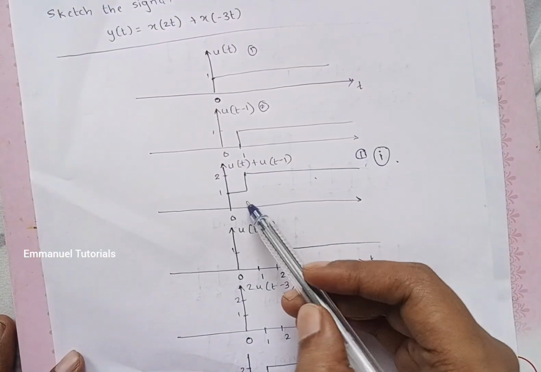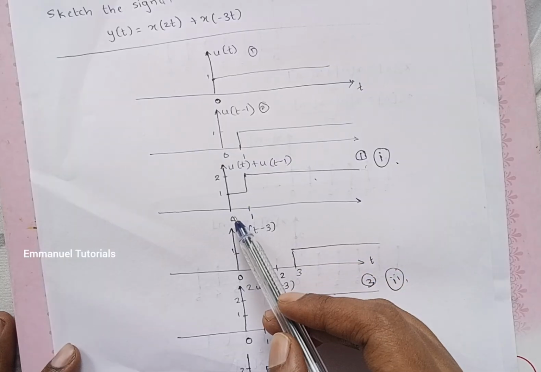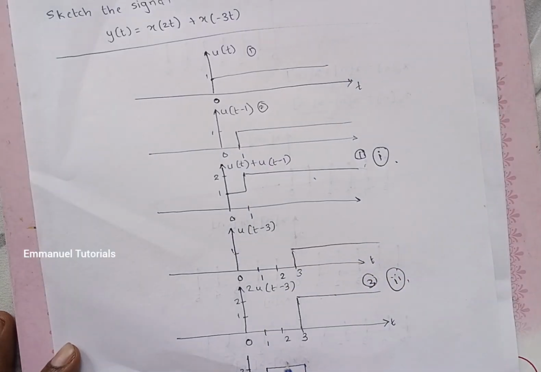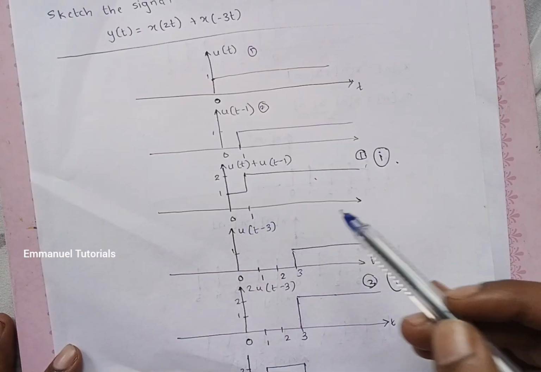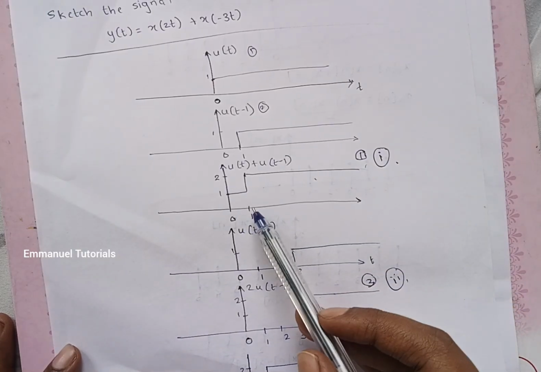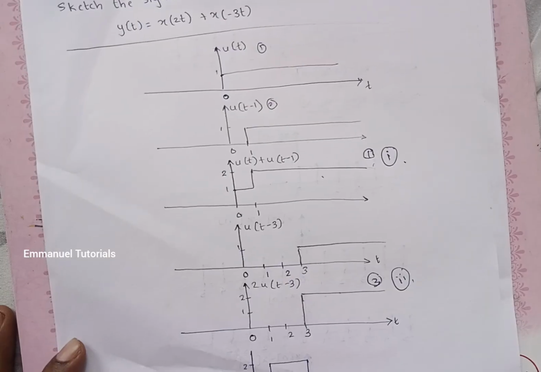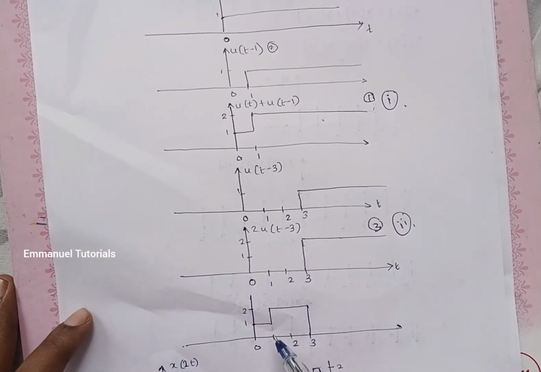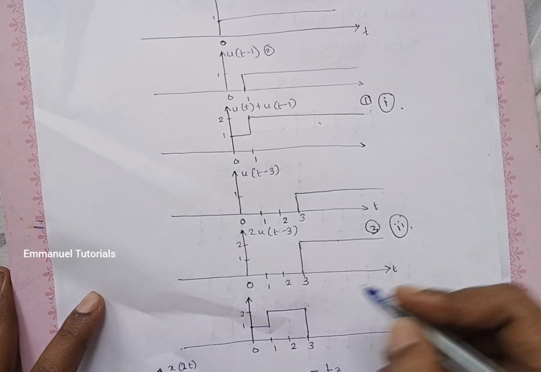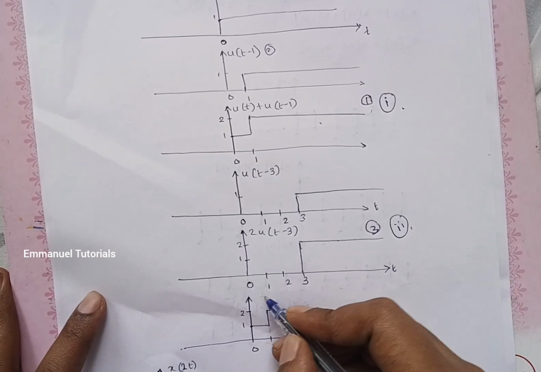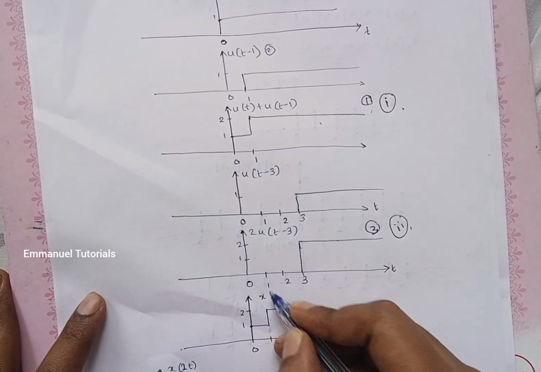From the first signal, at 0 amplitude is 1, second signal at 0 amplitude is 0. So from 0 to 1, the first signal's amplitude is 1. That is what we have drawn here. This is our, you can say, x of t.